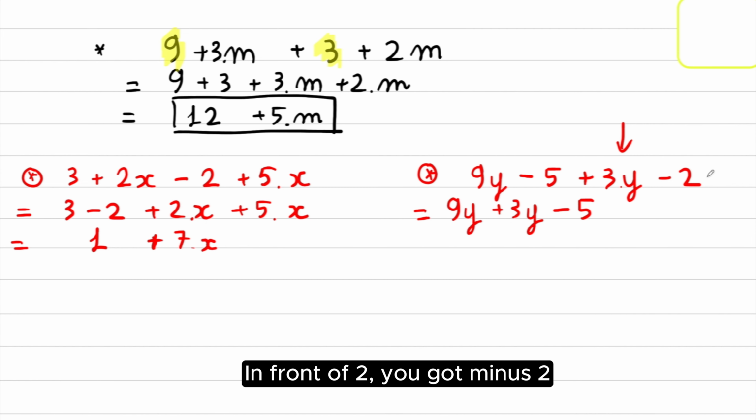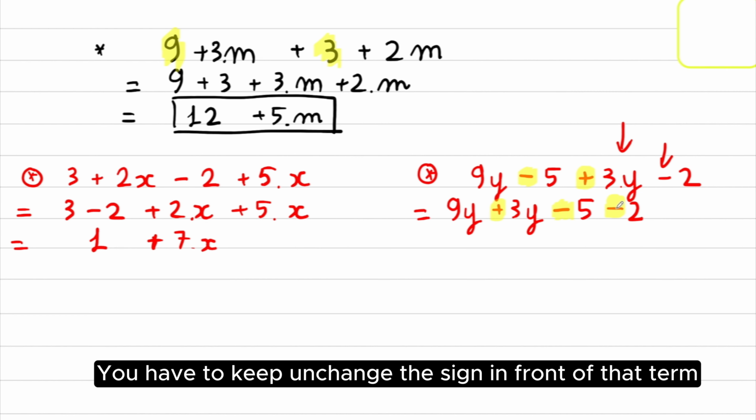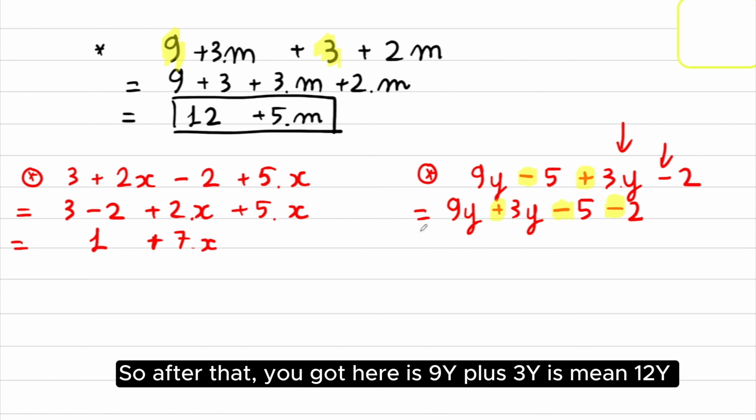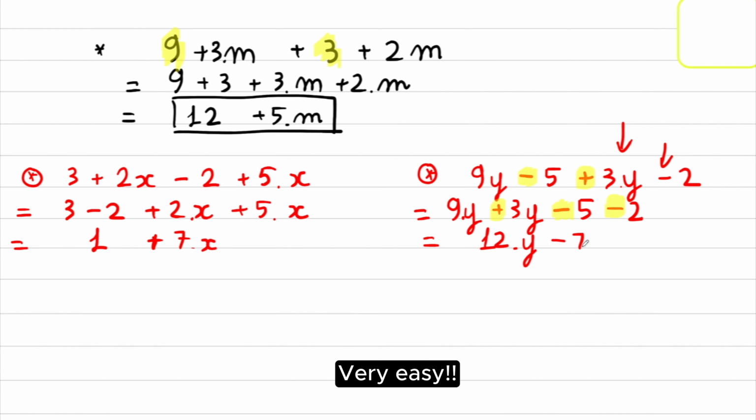The plus sign in front of 3y still stays here, and the minus sign in front of 2 in this term still stays here. You have to keep unchanged the sign in front of each term. You should not change that. Okay, so after that you have 9y plus 3y, which means 12y. The next term, minus 5 minus 2 is very easy. You get minus 7.